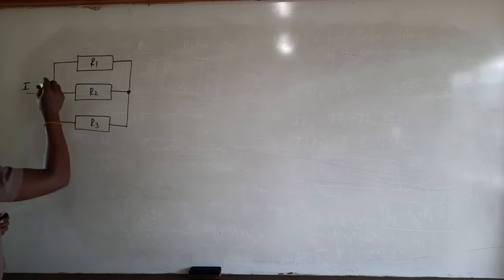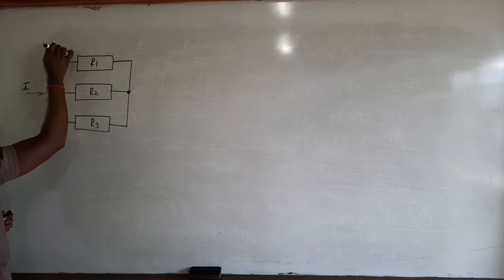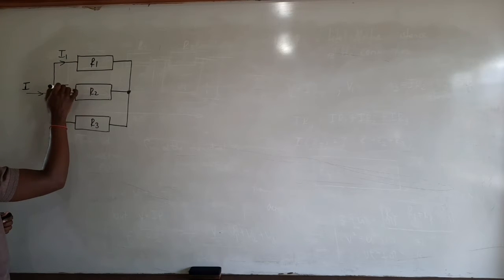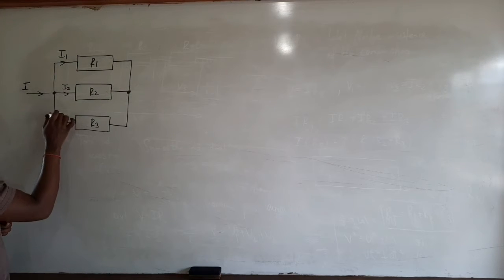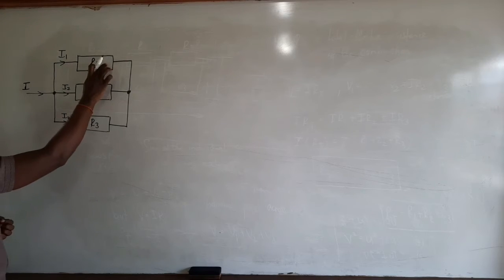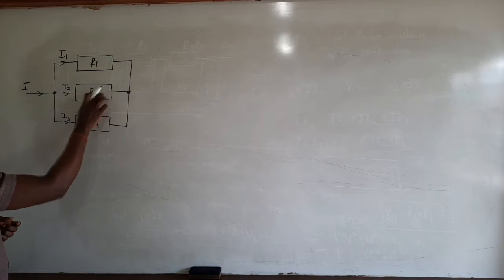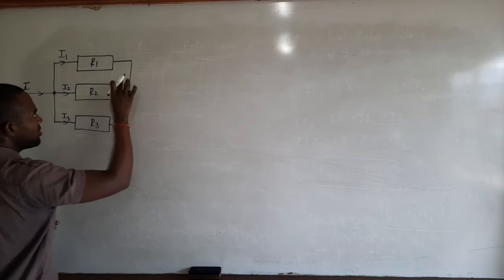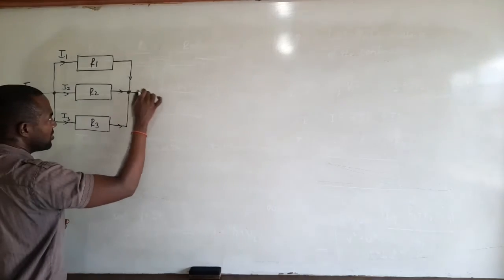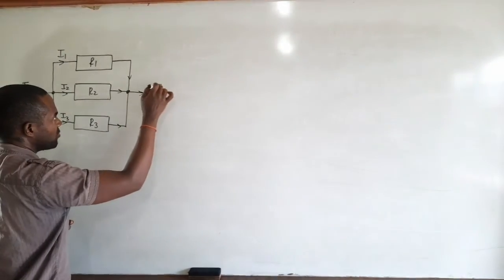So let's call the portion flowing to resistor R1, I1. This is I2, and this is I3. I1 flows through R1, I2 flows through R2, I3 flows through R3, and of course they will recombine at this junction, and the total current I will flow from this junction.